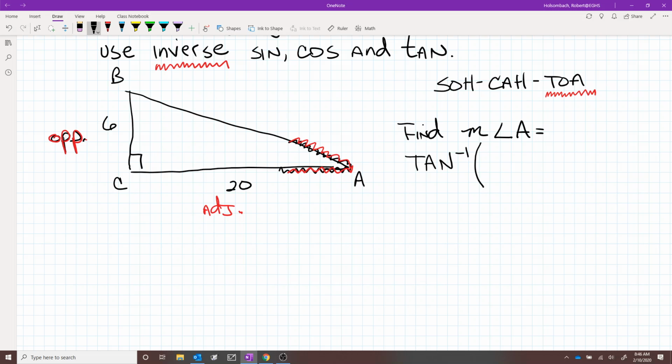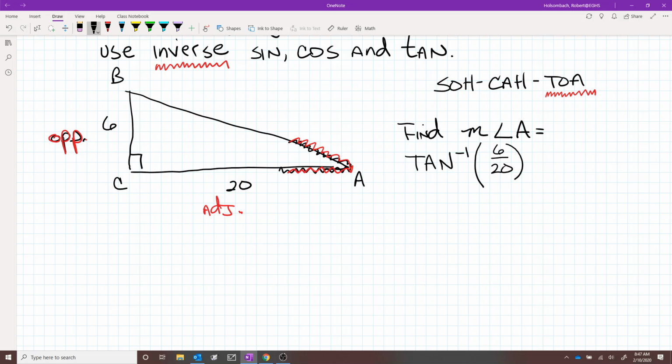We're going to use inverse tangent of opposite over adjacent, which is 6 over 20. And that's how you would read that. Inverse tangent of 6 over 20. And the inverse tangent of 6 over 20 will give you the measure of angle A.